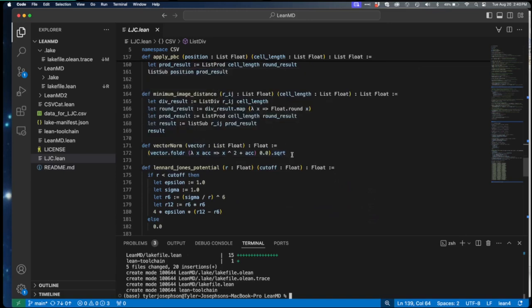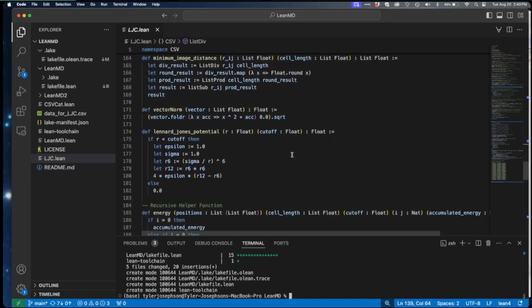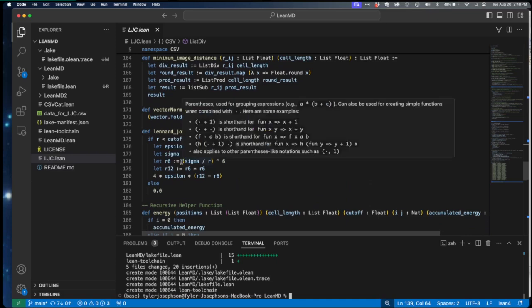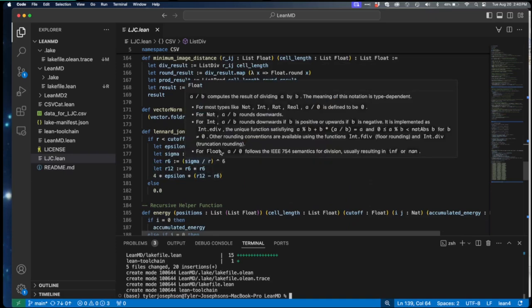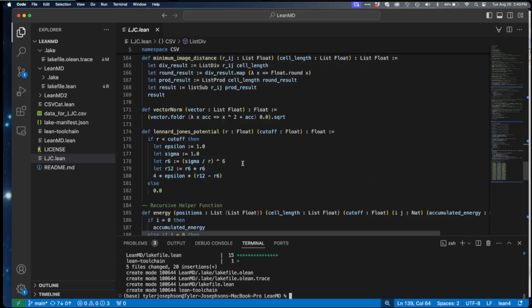And then we get our Lennard-Jones potential. The way the Lennard-Jones potential works is we have 4 times the energy constant epsilon times an r to the 12th term and an r to the 6th term. Those are defined here as a function of sigma, which is the molecule radius, and r, which is the distance between the two particles.